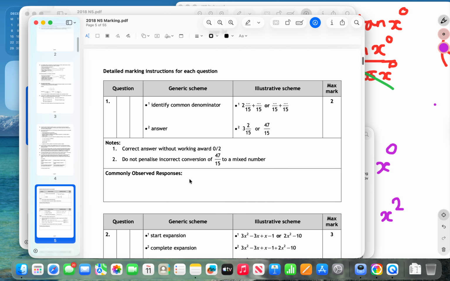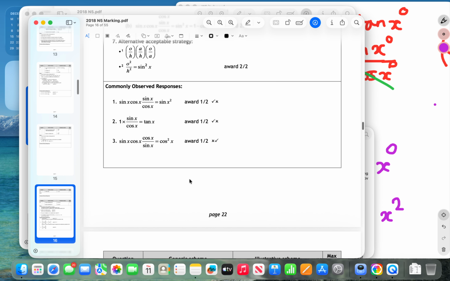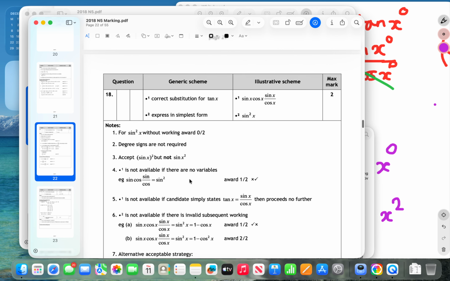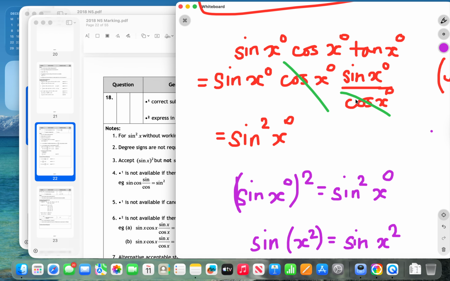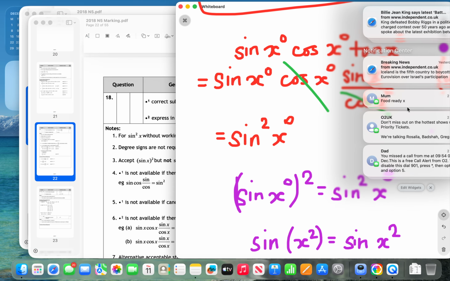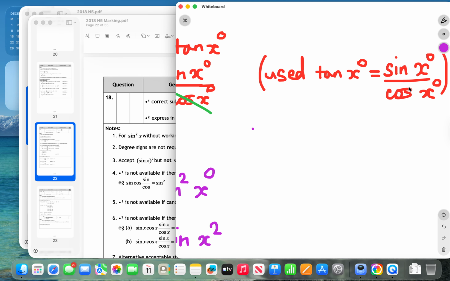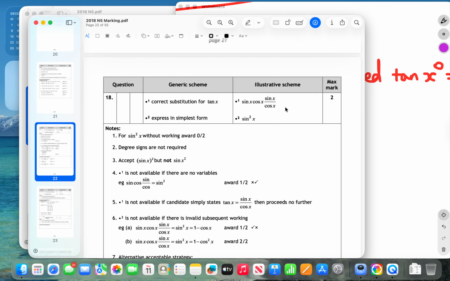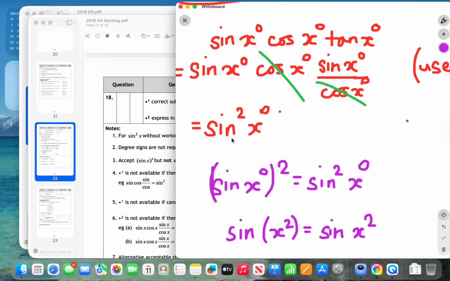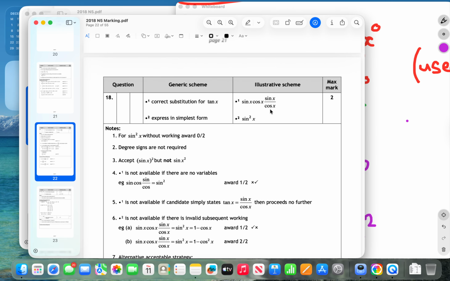So let's have a look at how this question was marked then. The first mark would be for the substitution of sine x over cos x, and we've specified that here. And the second mark is for the final answer of sine squared x. They would give you nothing for showing no working.